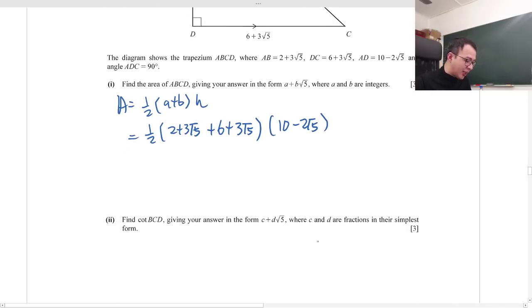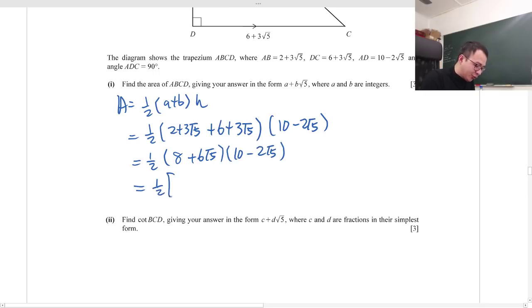So basically what I'm doing here is 2 plus 6, and this one plus this one, you get 6 root 5. And 10 minus 2 root 5. So yeah, I will need to do the multiplication here first. This is 80 minus 16 root 5 plus 60 root 5.